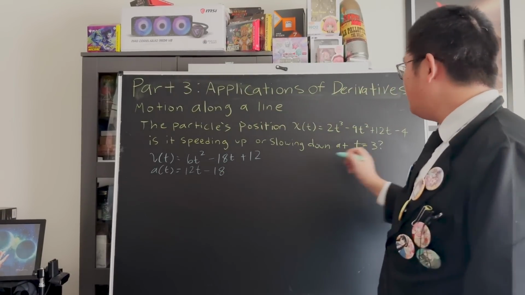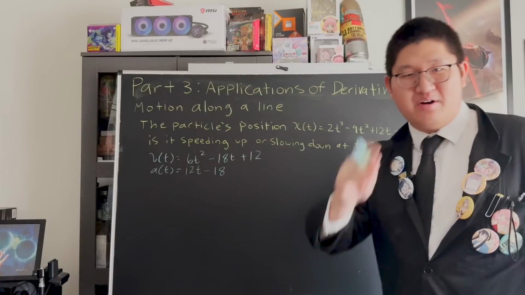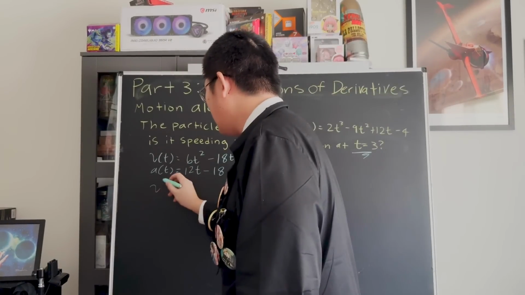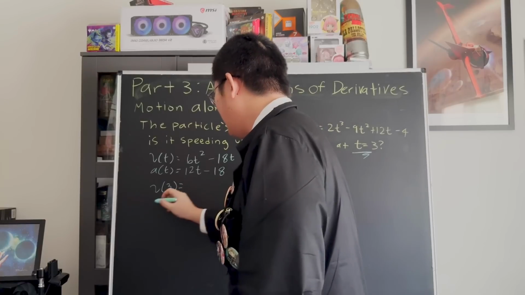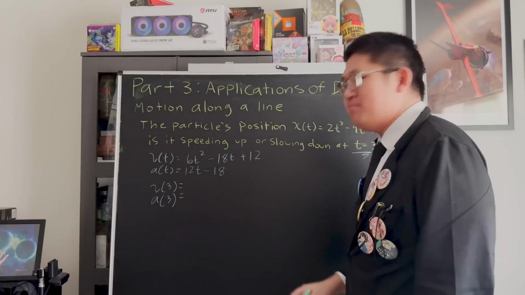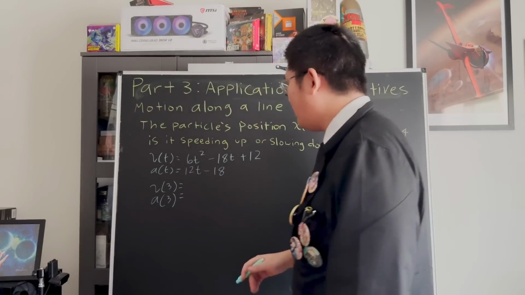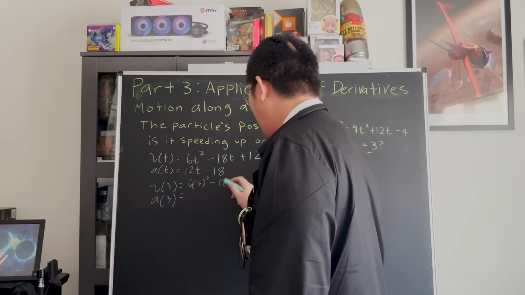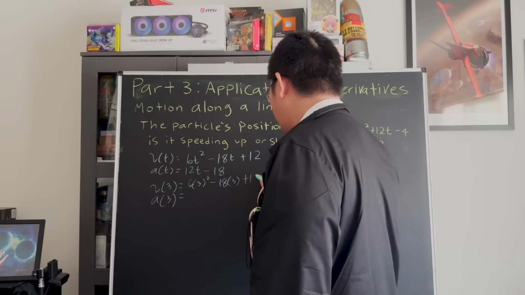Okay, so because we're looking at the exact time of 3 for this particle, we need to look at the velocity at the time of 3, plug everything in, as well as compare it to the acceleration at 3. A simple plugging in will give us 6 times 3 squared for the first term, minus 18 times 3, and then plus 12.